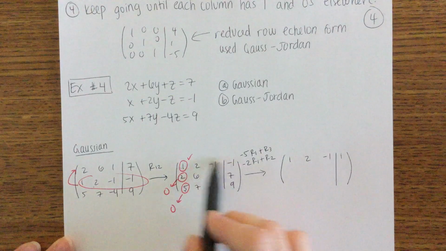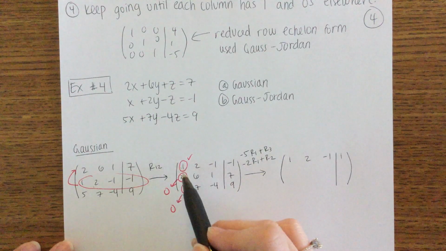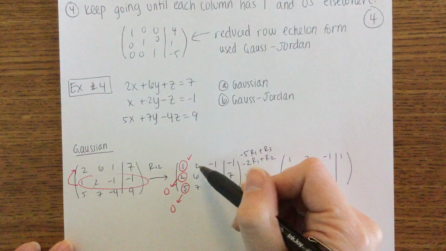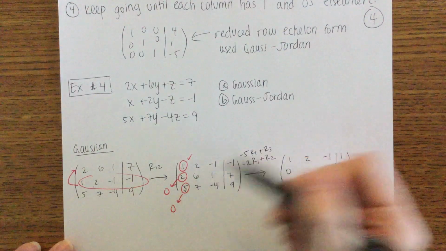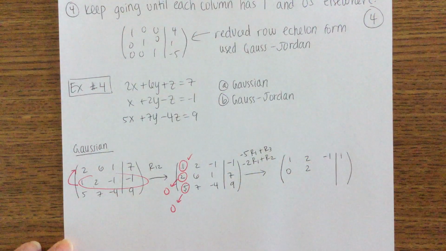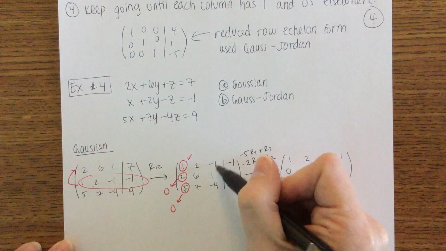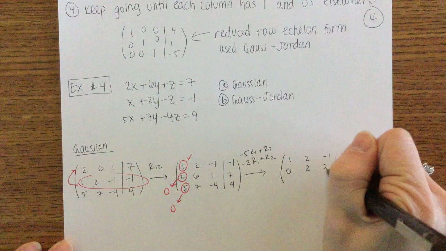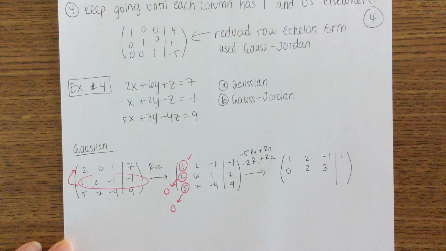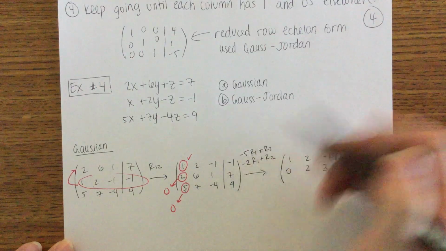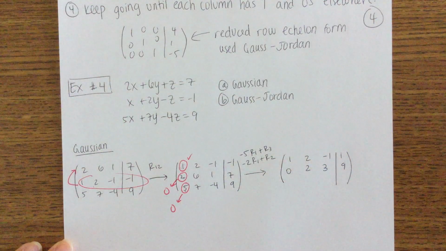Multiplying this row by -2. So this will be -2 add 2, which is 0. This will be -4 add 6, which will give me 2. This will be 2 add 1 will give me 3. This will be 2 add 7, which will give me 9.